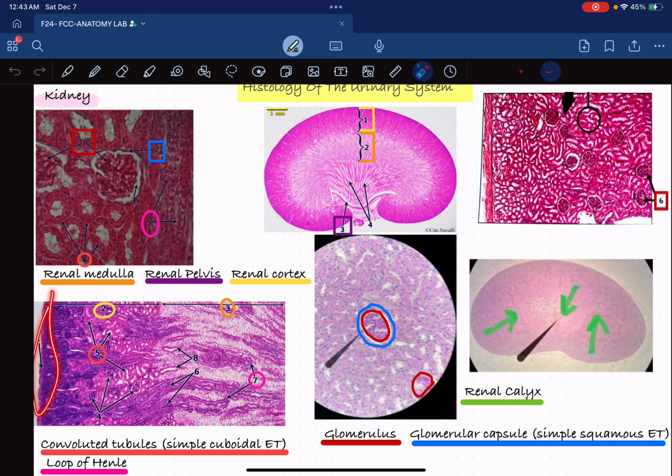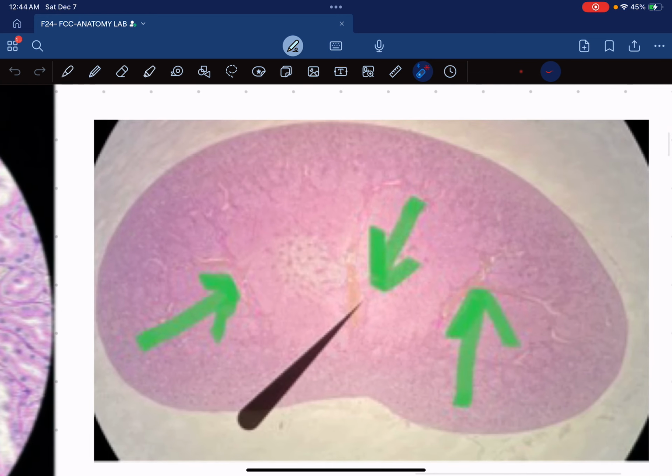This is the capsule right here, number 1. The renal medulla is this lighter portion. The renal pelvis is this space in between. The renal calyx is where the pee flows through. Zooming in, you can see these lines, and that's the renal calyx.